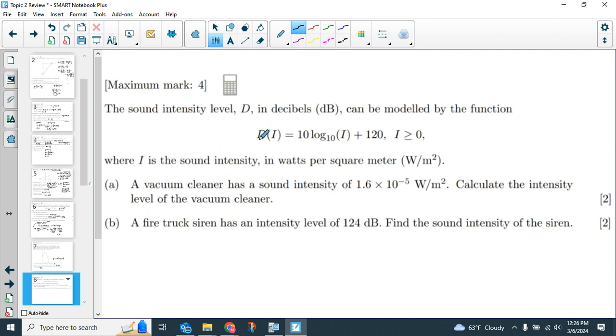Okay, so the intensity level is D. My sound intensity I is this, so all I have to do is plug this in for I. D is going to equal 10 times the log. I don't have to put base 10 in there because a regular common log is log base 10. So 10 log of 1.6 times 10 to the negative fifth power, all plus 120.